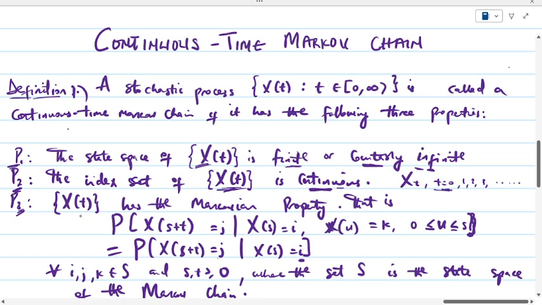Also, our stochastic process has the Markovian property, that is, the probability of our next state, considering the current state time s and the next state time t, given that our current state at time s is equal to i and our previous states are given as u, the result is that our future state is only dependent on our current state at time s equals i, and our future state is equal to j.